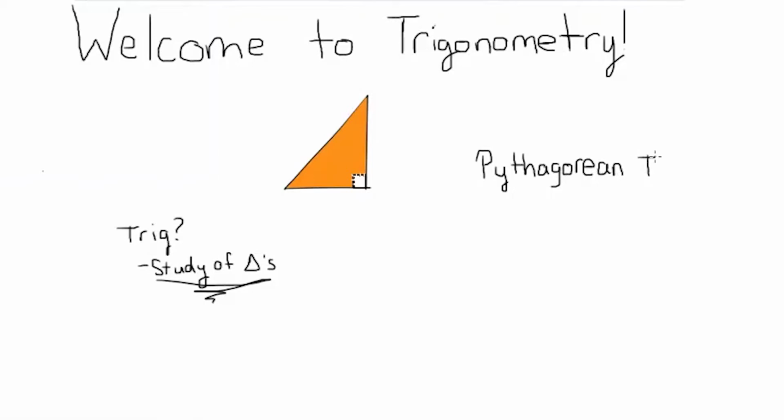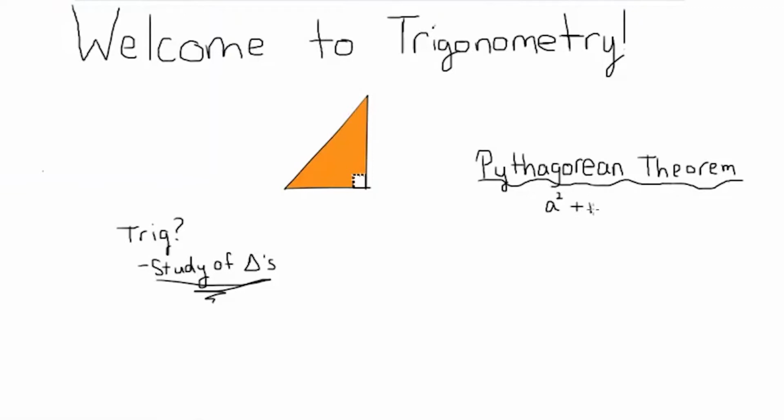It can be represented algebraically with the equation a squared plus b squared equals c squared.